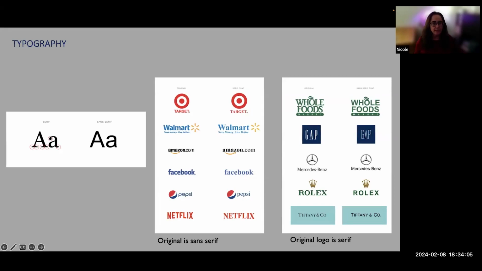On the right-hand screen, we see some examples of various revisions of well-known brands, in some cases where the original logo is in serif and the redo has been made in sans serif, and then vice versa. So let's take a look at the Gap redo here. On the left is the original logo, which is in serif. And if you look just to the right, you can see just how fundamentally different the sans serif version of it is.